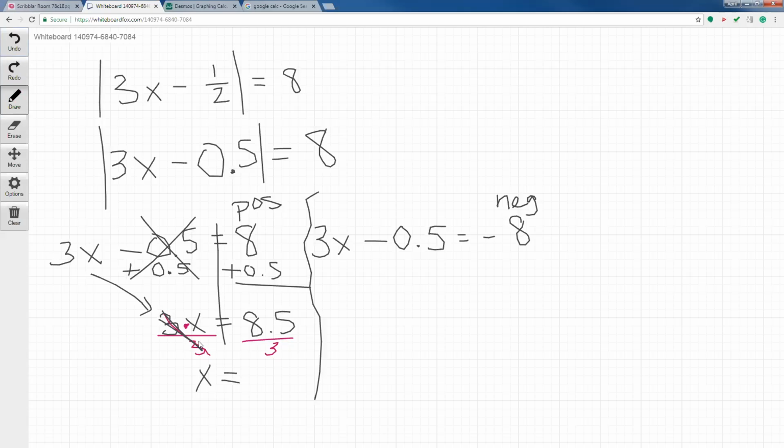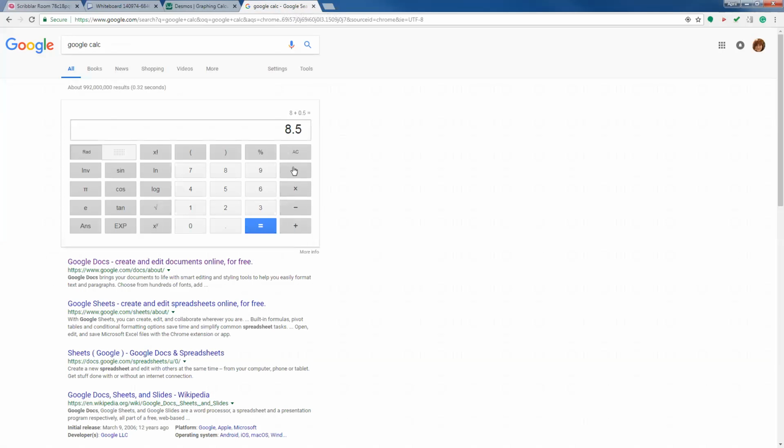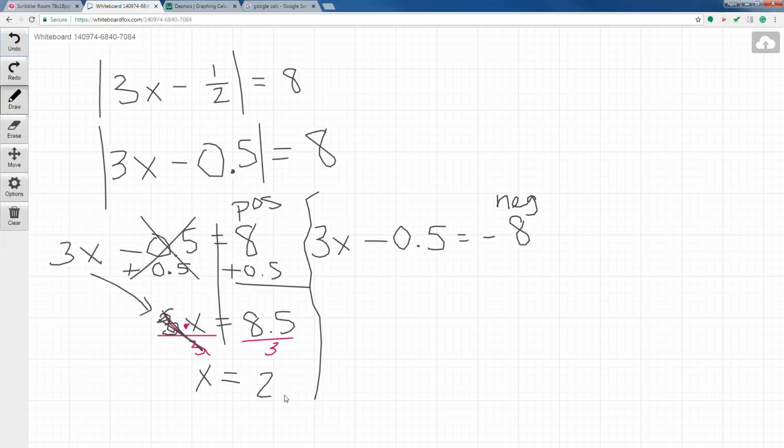Some people don't even write the opposites on the left. They just say, I'm getting rid of the 3. I need to do 8.5 divided by 3. 2.8333. Let's round to the nearest tenth. So I'm going to say 2.8 only. Okay. So there's our first answer.